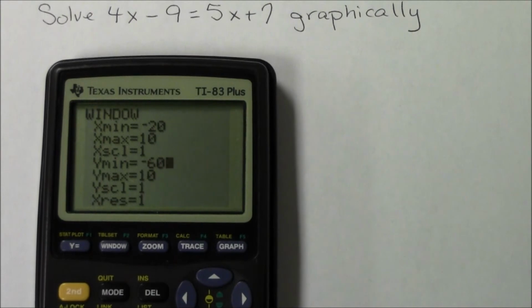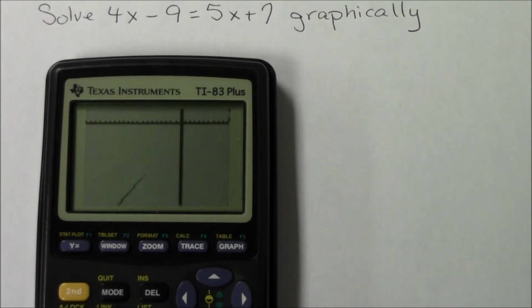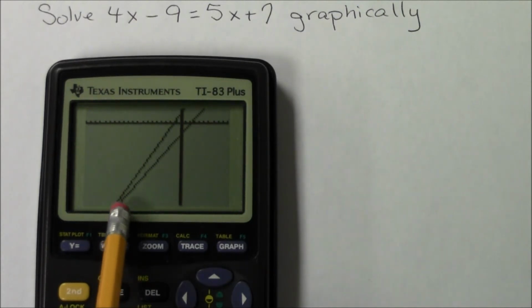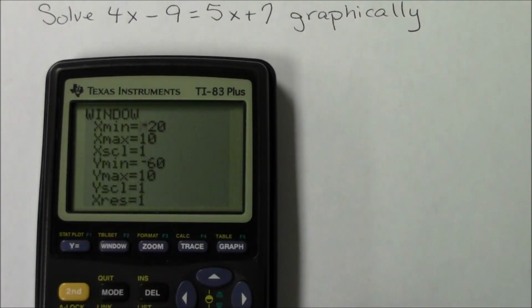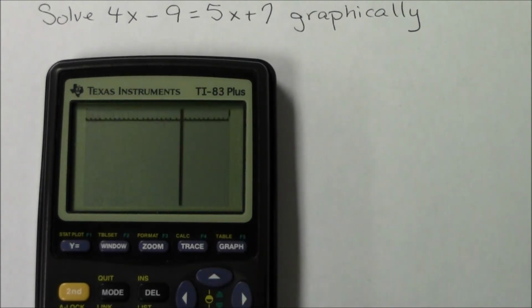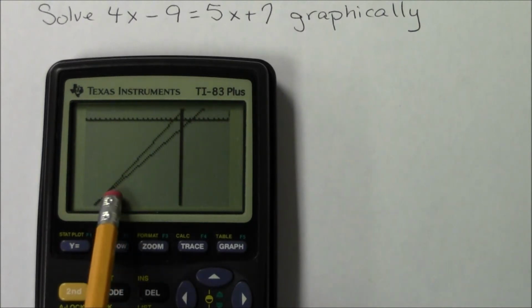Let's try 60. And we'll push graph. Almost, but not quite. A little bit more in the y direction. About 80. Okay, finally, looks like it's crossing right here.